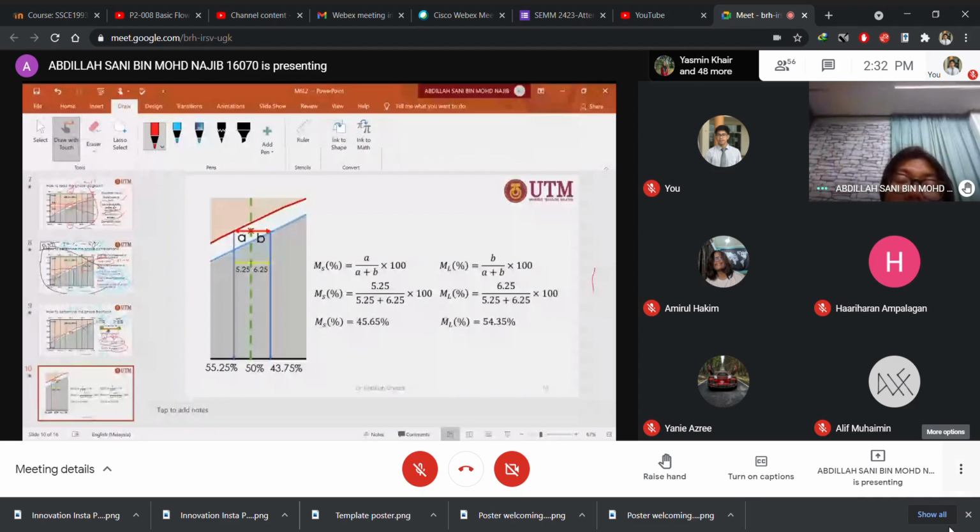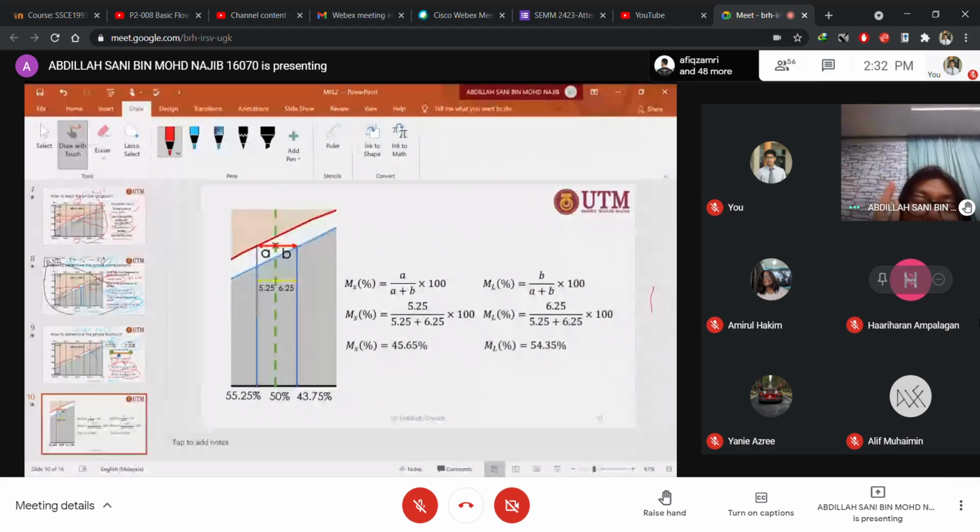In the mixture of the two phases, solid and liquid, the amount of solid is 45%. The amount of liquid is 54%. So that is how you use the lever rule.